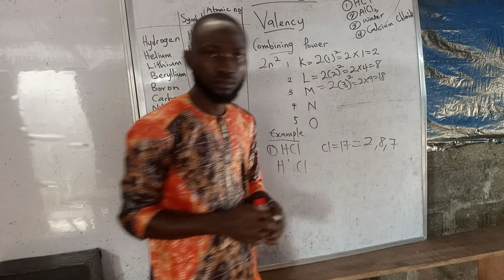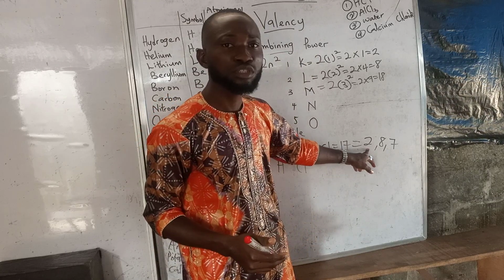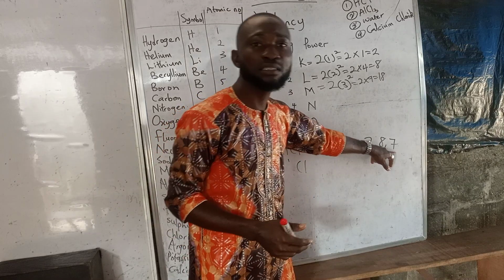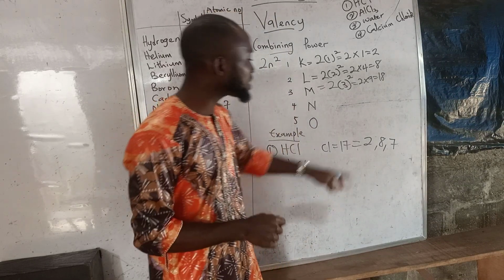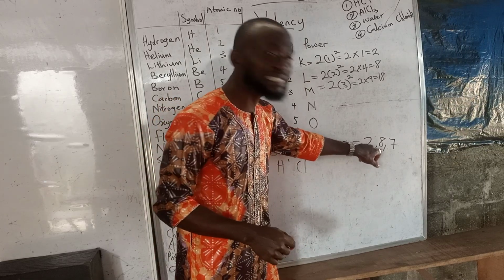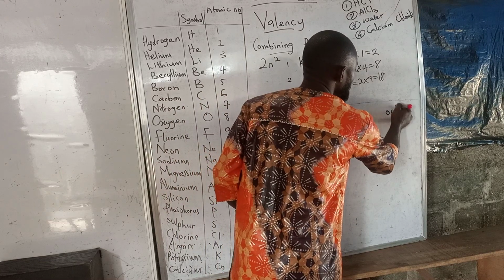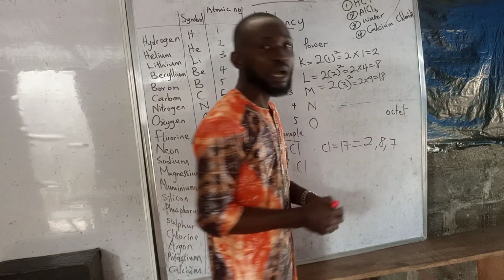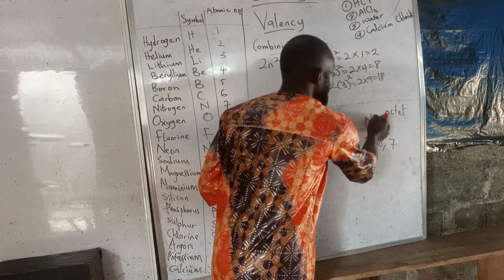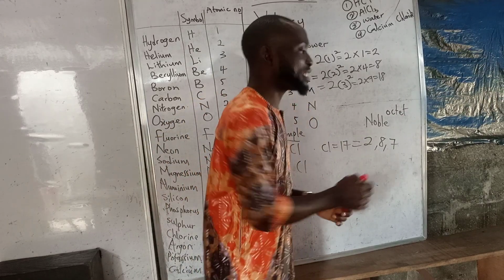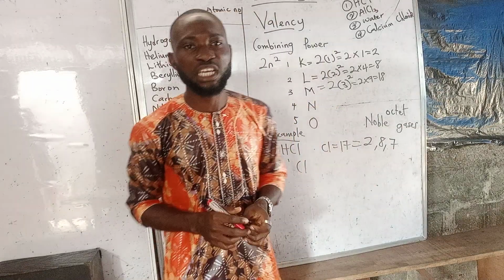there. Now you may be wondering why I didn't just put the remaining 15 outside here. The reason is that every element wants to have 8 electrons in its last shell. That's what we call the octet rule. And the elements that they want to look like are called the noble gases. All the noble gases have 8 or 2 electrons in their outermost shell.